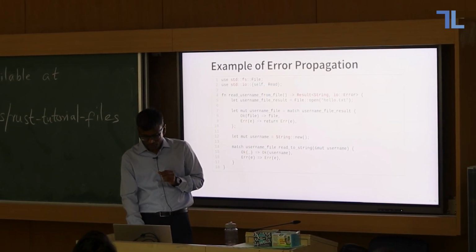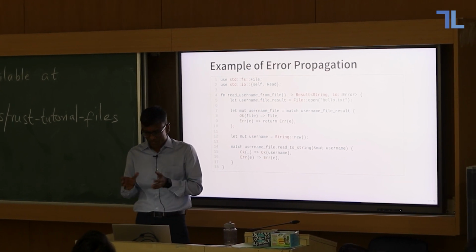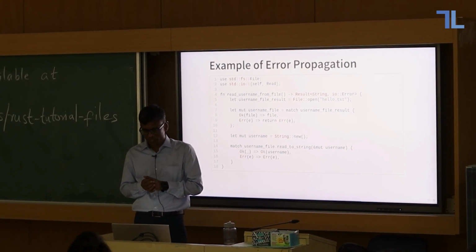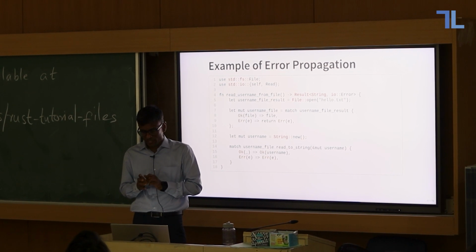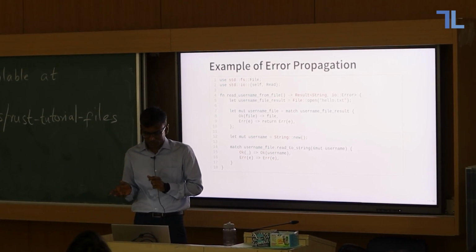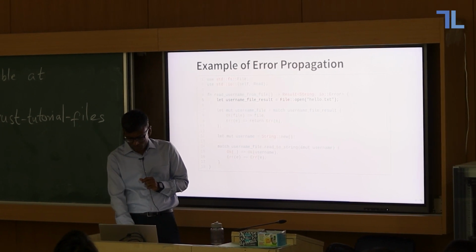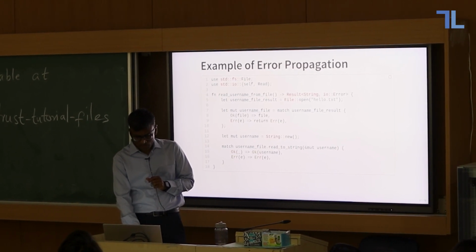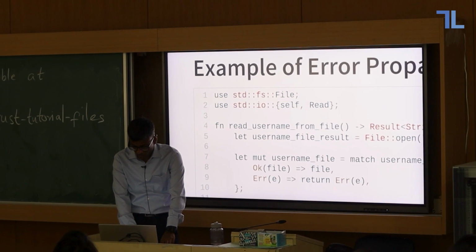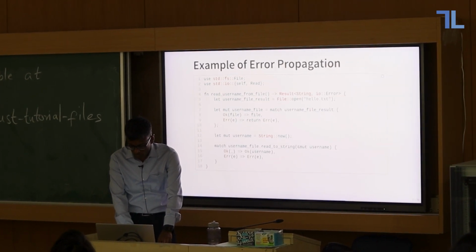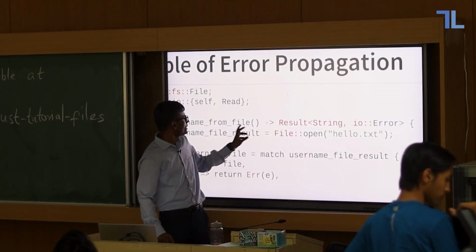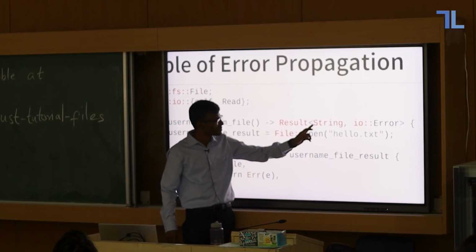So here is an example of a method which can have errors, and the errors are being returned to the caller of this function. First notice that this read username from file, its return value is Result.